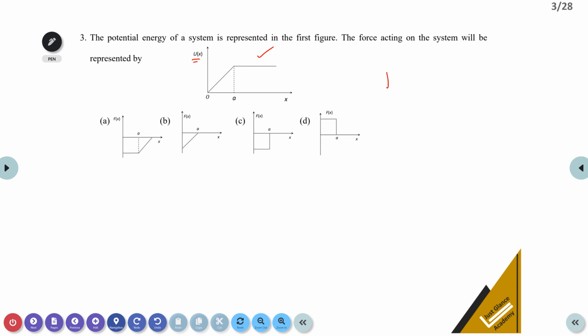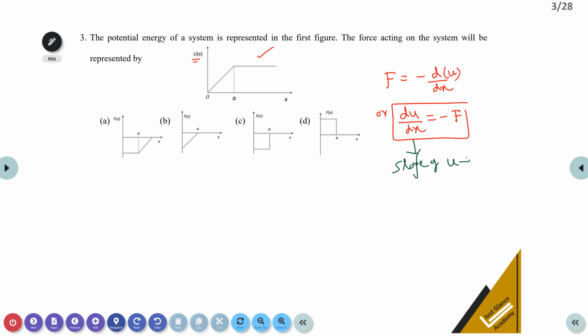Now we know one standard formula, F equal to minus d by dx of U. Or else I can write dU by dx equal to minus F. What is dU by dx? dU by dx is nothing but the slope of the U against x graph.